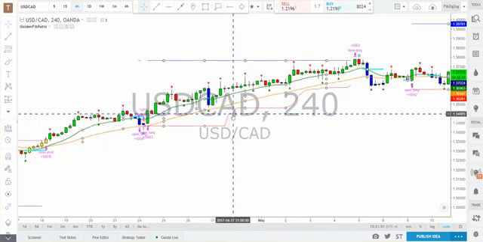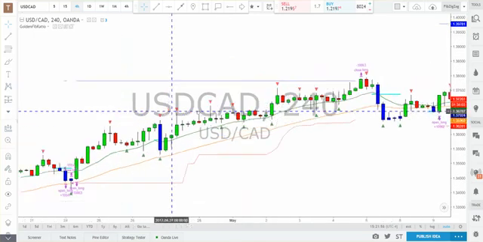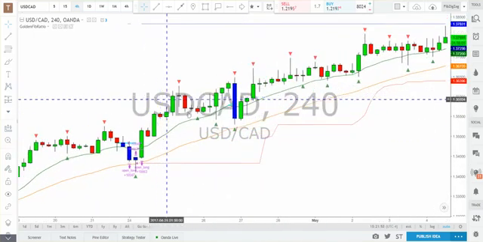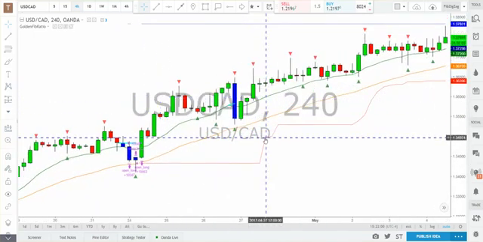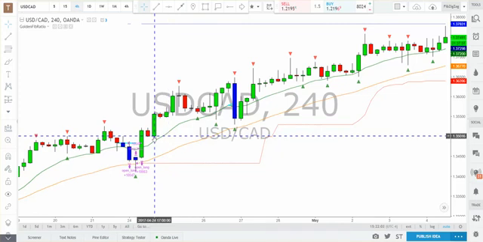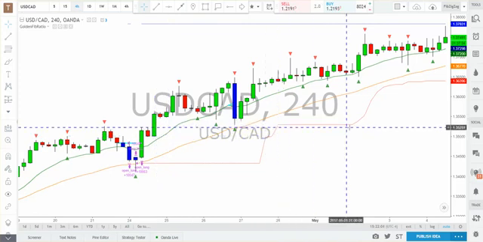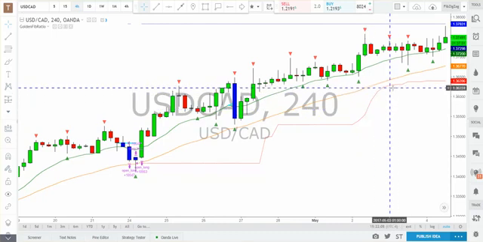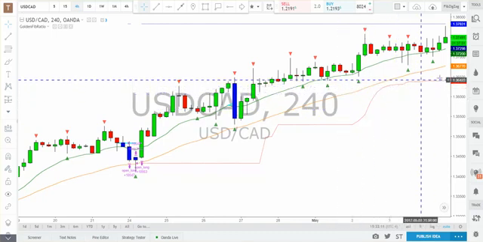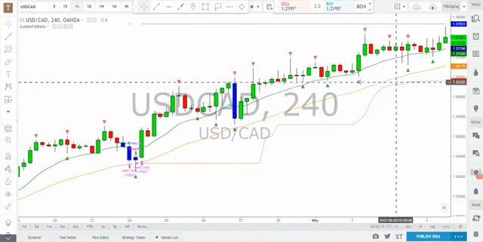So in this case, if we zoom in a little bit here, the lowest low is this candle. Okay, and as that value changes, the stop changes as well. It's just a great way to capture a trend.